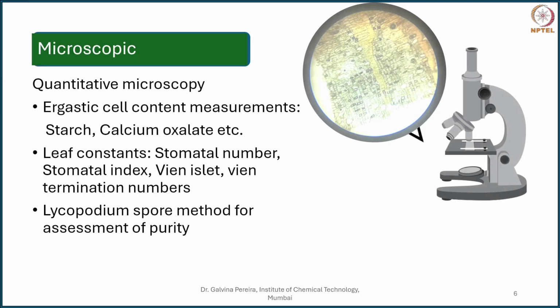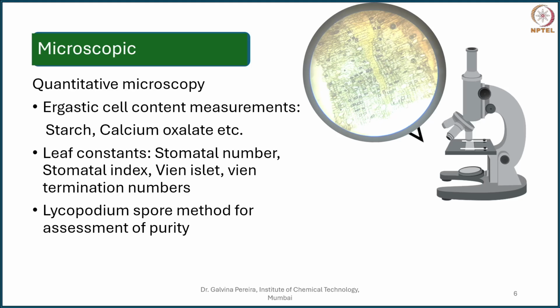You can also do what is called quantitative microscopy. I said quantitative is more to do with measurements. So I can do measurements, but measurements of what? Measurement of size of starch, measurement of size of calcium oxalate. I can identify the type, and that will be called qualitative. But when I measure the size, that will be called quantitative analysis.